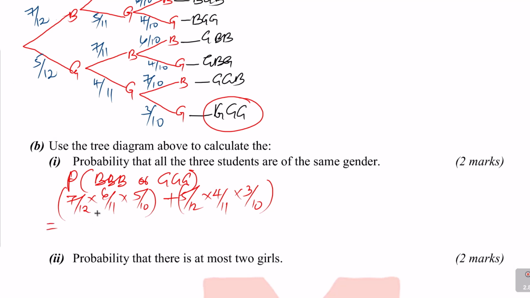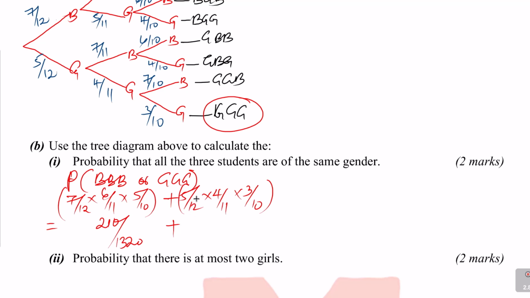So 7 divided by 12 times 6 divided by 11 times 5 divided by 10, that one will give 210 divided by 1320.